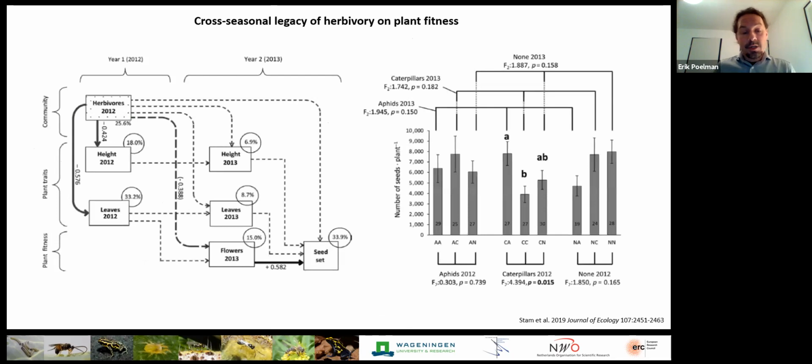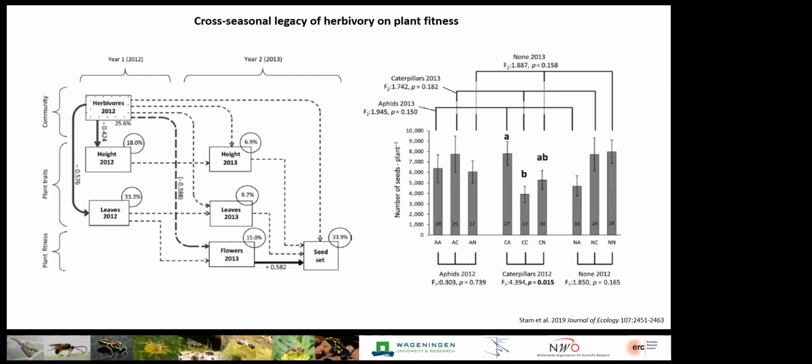And my work, the work in the team that I lead, has tried to explore a little bit more of these type of questions. And nowadays, we're still doing these type of experiments, trying to unravel interactions between plants and insects all the way to these dynamic patterns towards plant fitness. Here you see an example of one of these studies that I did.